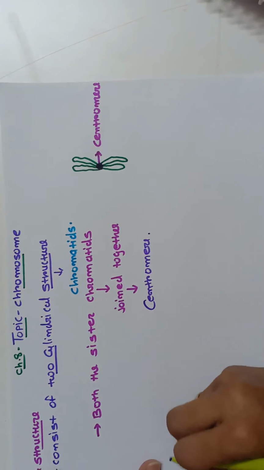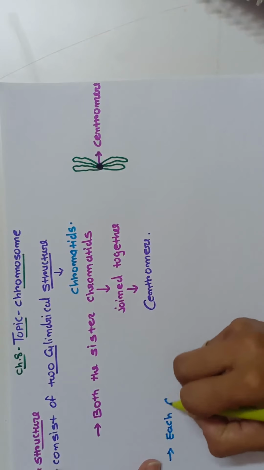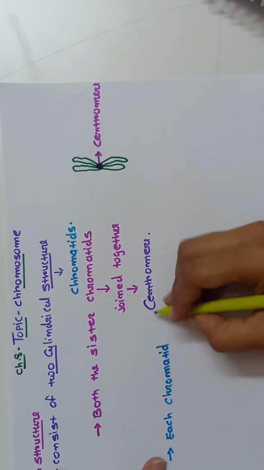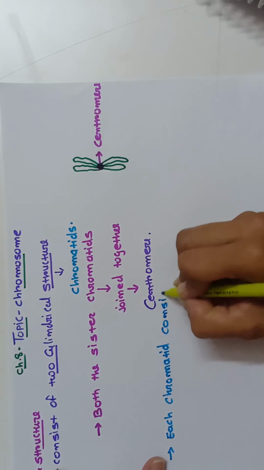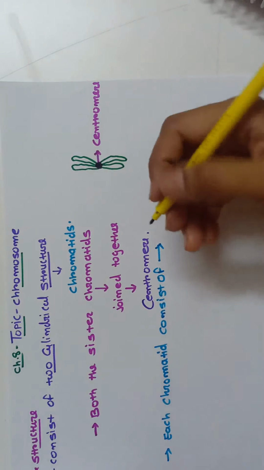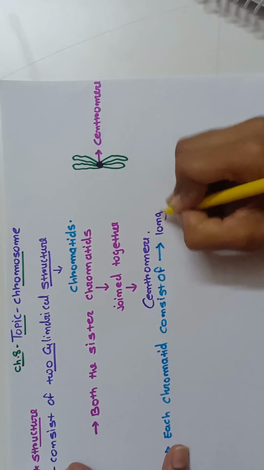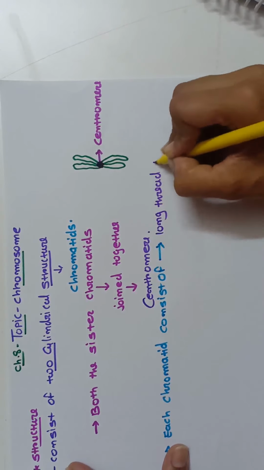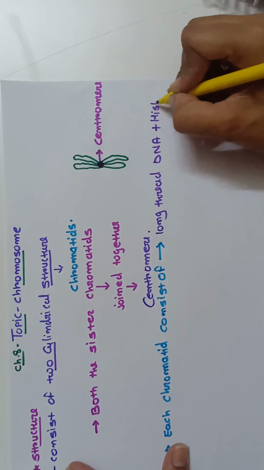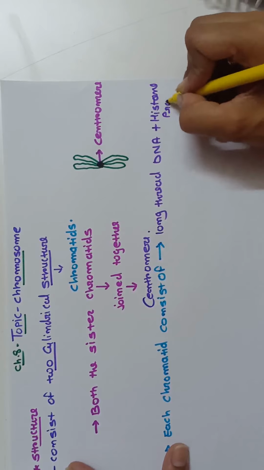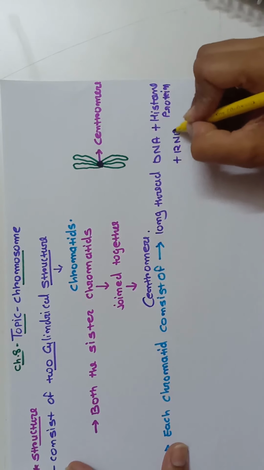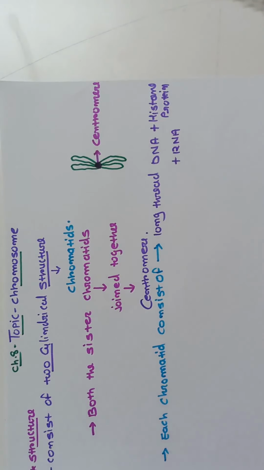Each chromatid consists of a long thread of DNA plus histone protein and RNA and non-histone proteins.